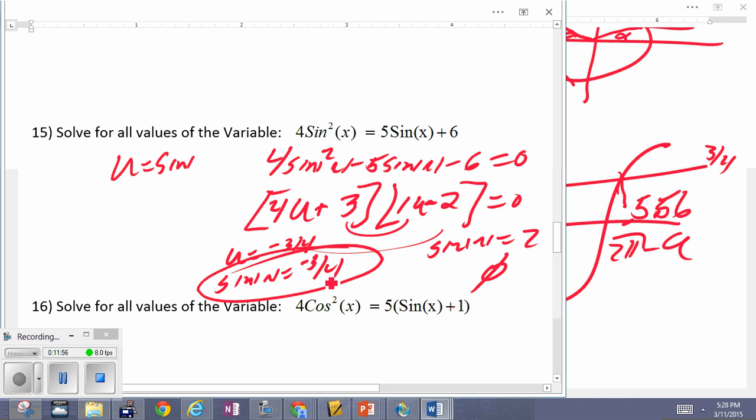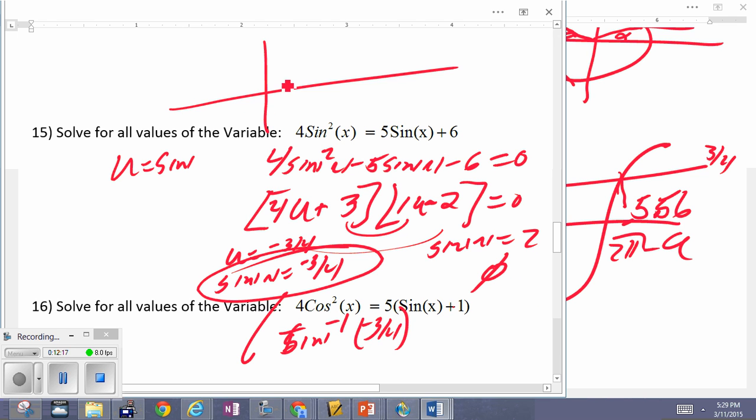So the sine of x equaling negative 3/4 is going to have to call on us to go like we did before. The inverse sine via our calculator, so sine inverse of negative 3/4. And then look at the sine graph and where the negative 3/4 value is. We'll get that value from our calculator.